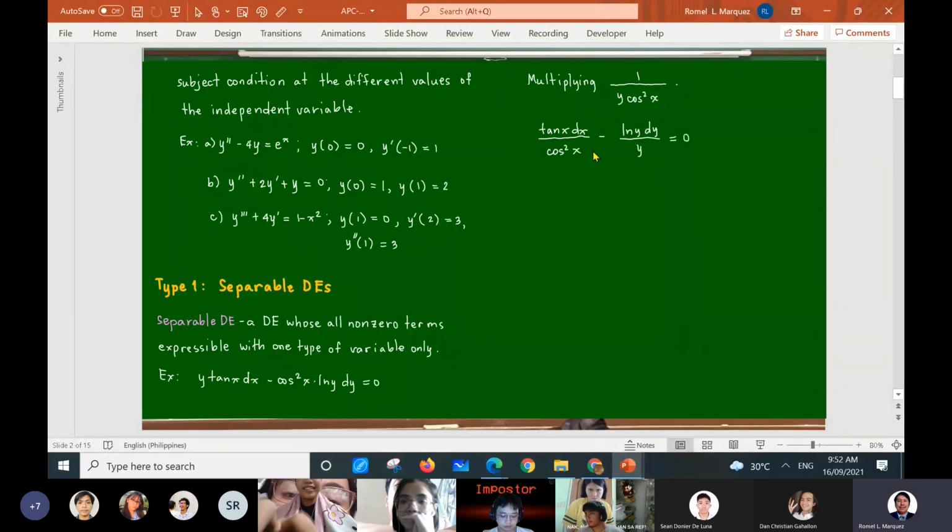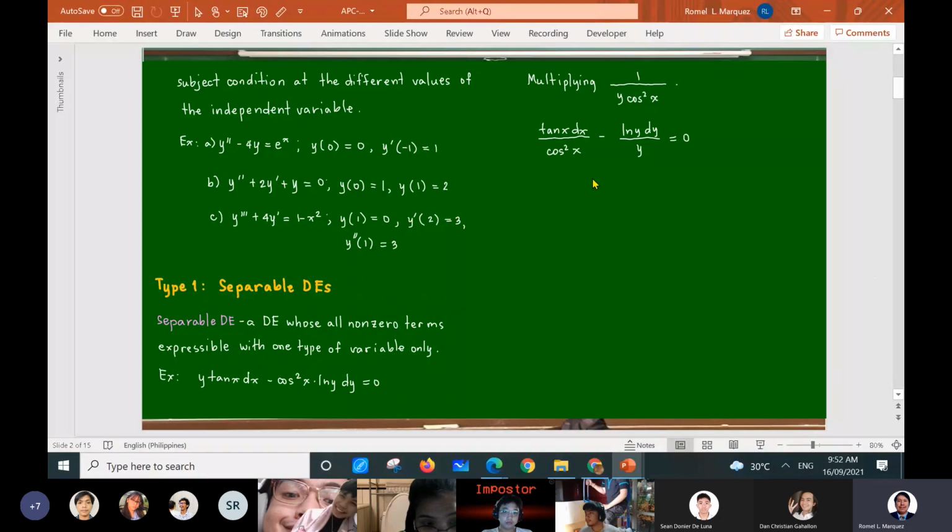Look at the first term, non-zero. It is one type of variable only. So this is non-zero again, one type of variable is involved. Okay? As long as non-zero, one type of variable involved, so you can do that. Thus, the differential equation is separable.